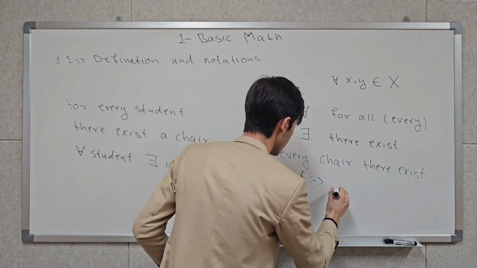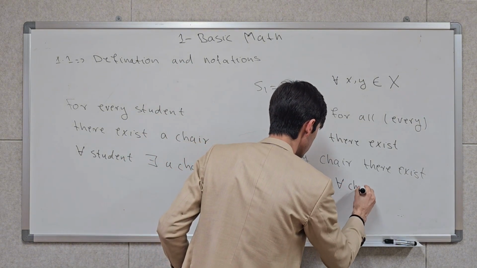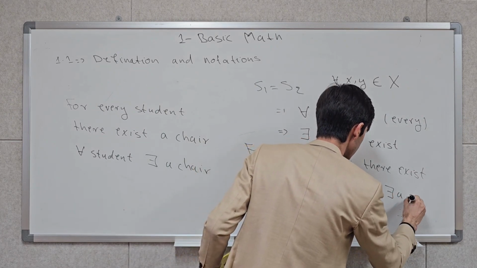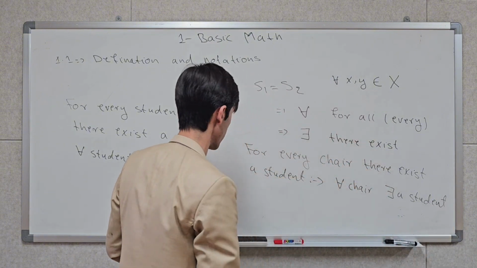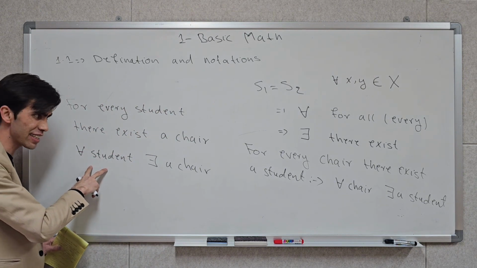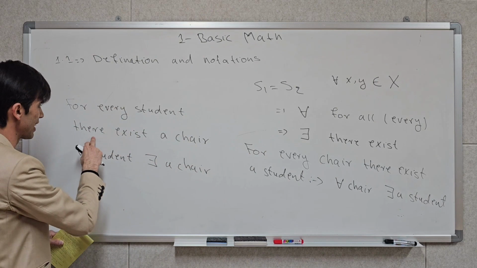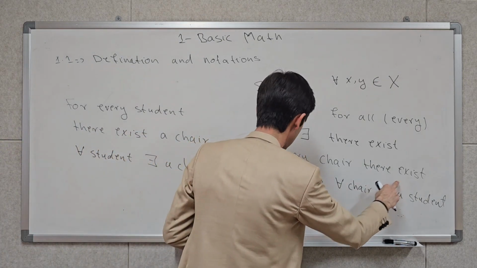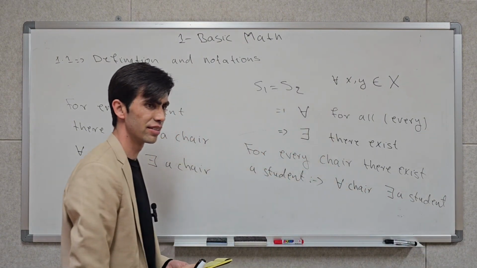So here you can write down for every chair, there exists a student. So what is the difference between this statement and this statement? For every student, there exists a chair. For every chair, there exists a student.